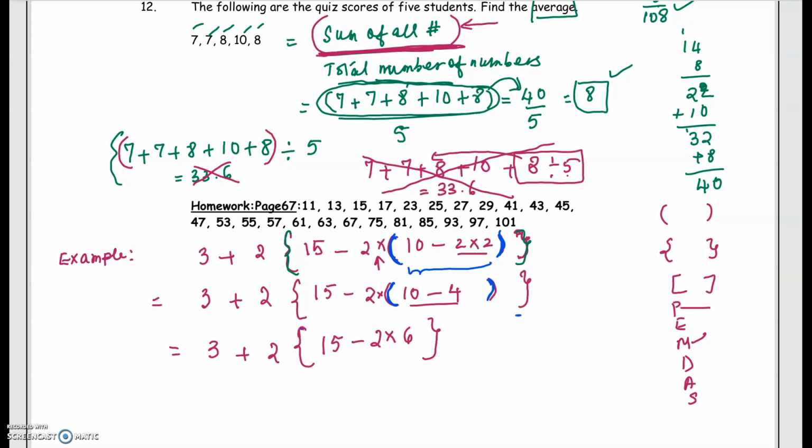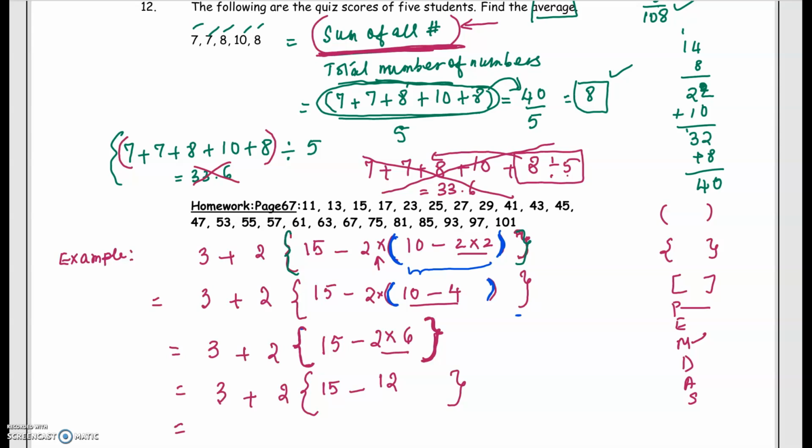And now our parentheses are the fancy brackets, the braces. And now we have 3 plus 2 times, and then we look inside the parentheses, multiplication first before we subtract. So we have 15 minus 2 times 6. So we multiply first, which is 12.